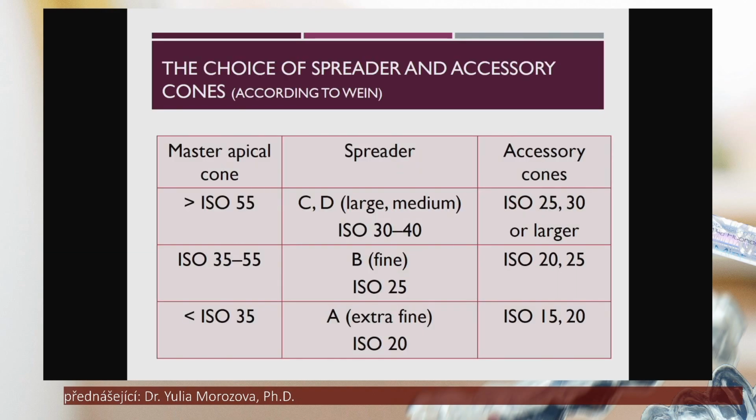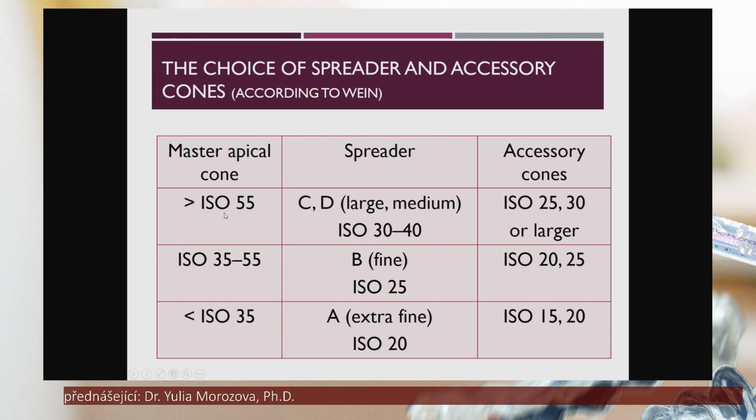Here we can see the table for the better choice of spreader and accessory cones. We will choose the spreader according to the master apical cone size. We can use normal ISO sizes, or some spreaders can have A, B, C, D sizes, like CD larger, medium.